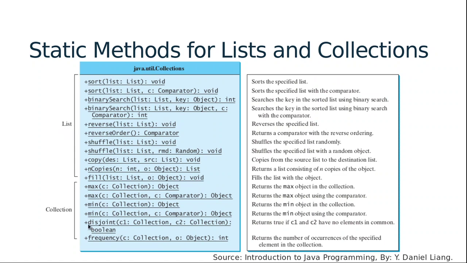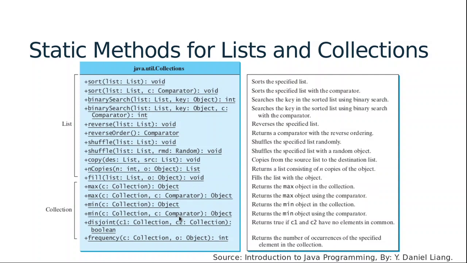Then there are a few methods which simply work on all collections. So for any collection you can use these methods, like min or max, for finding the minimum or maximum value. And to define minimum or maximum, you can also give a user defined comparator here.